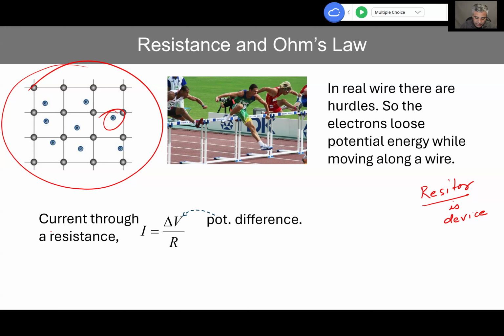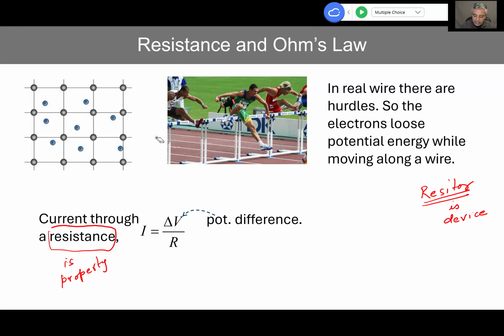So this resistance is a property and resistor is a device. So they have two different meanings. We sometimes may just use them interchangeably, but make sure that you understand.